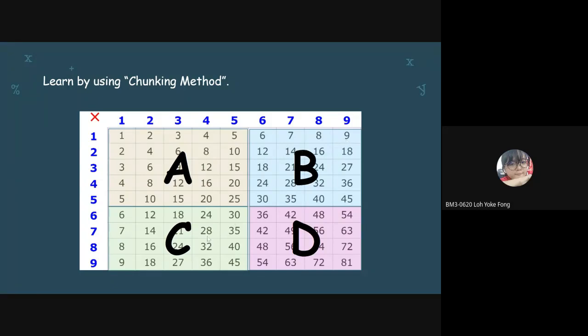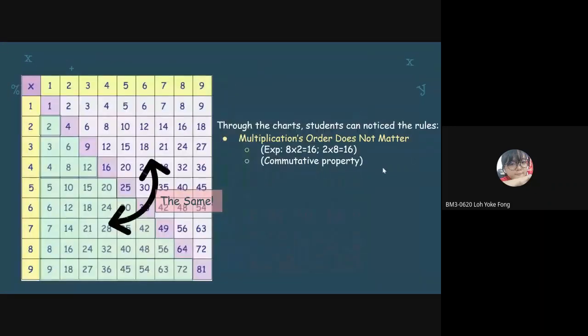Then move to section C in the same way, and lastly section D, learning the 6 times 6 to 9 times 9 chunk. After they master all of these, they can practice by memorizing the whole 10 times tables. Then next slide.